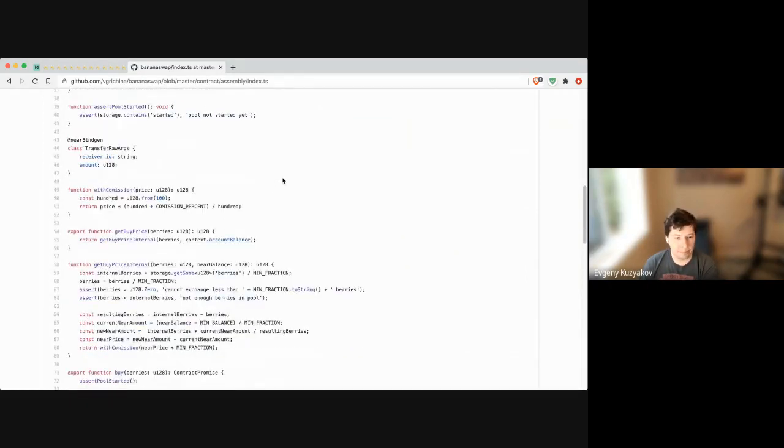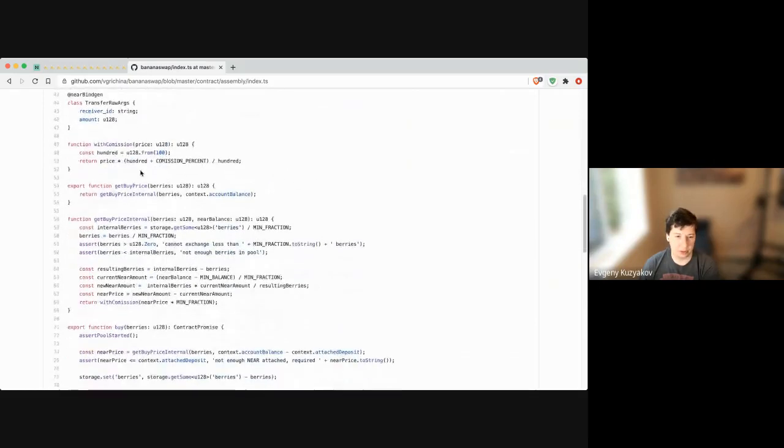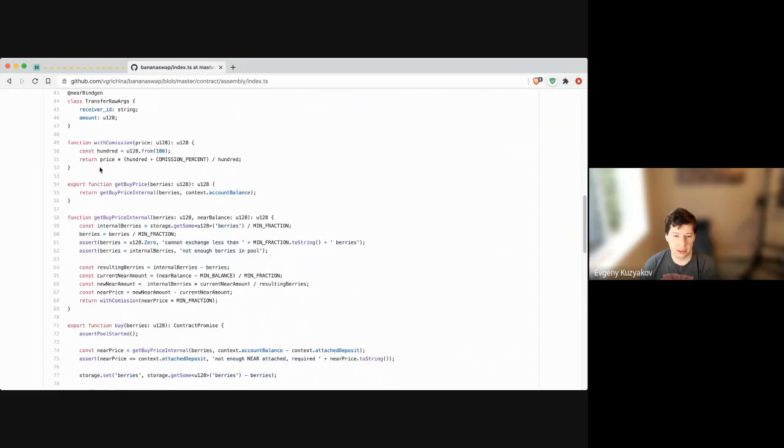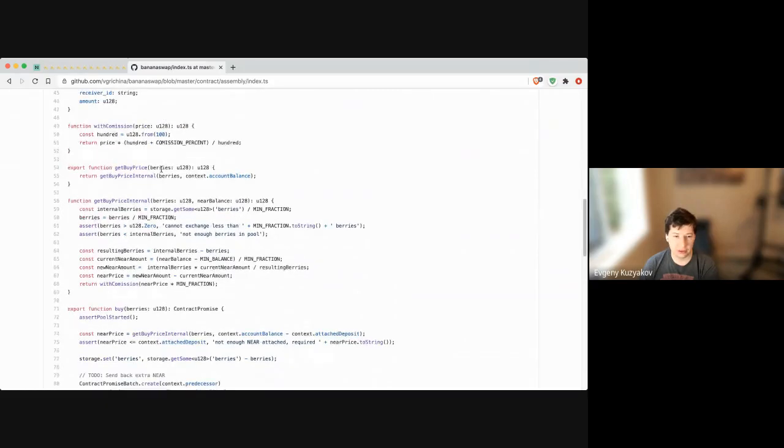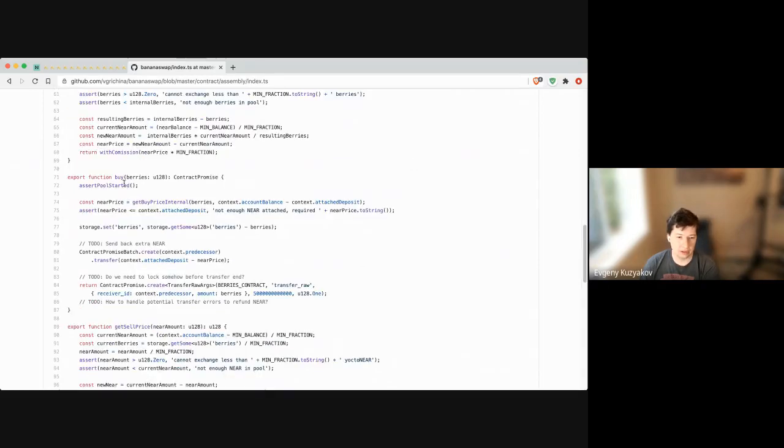So there are a few methods. One of them is a view method to get a buy price. You pass how many berries you want to buy, and it gives you how much in near you need to pay, using get price internal. Then you have the buy method that buys bananas.